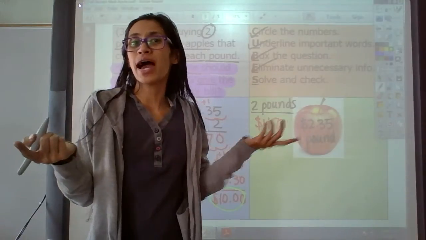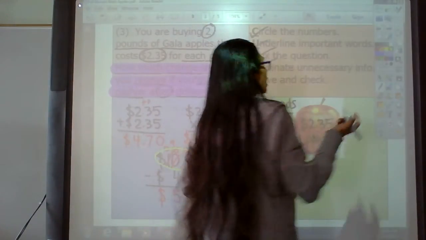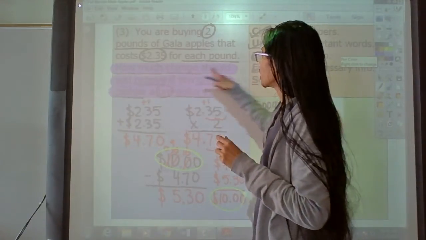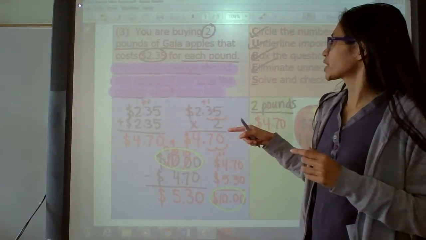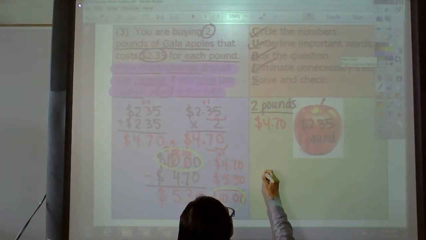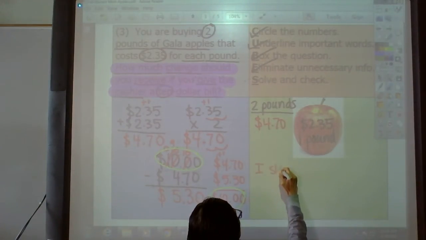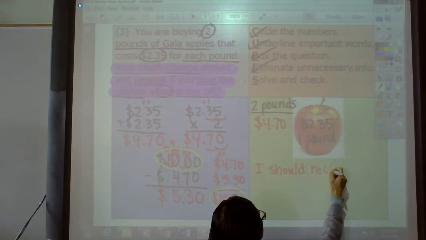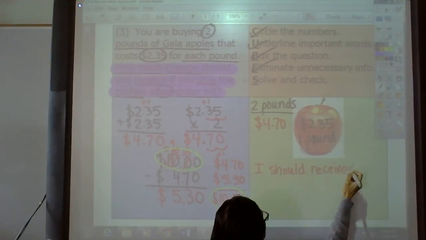Now we need to write our answer. Let's write our answer in a sentence form. How much change should you receive if you give the cashier a $10 bill? I should receive how much?